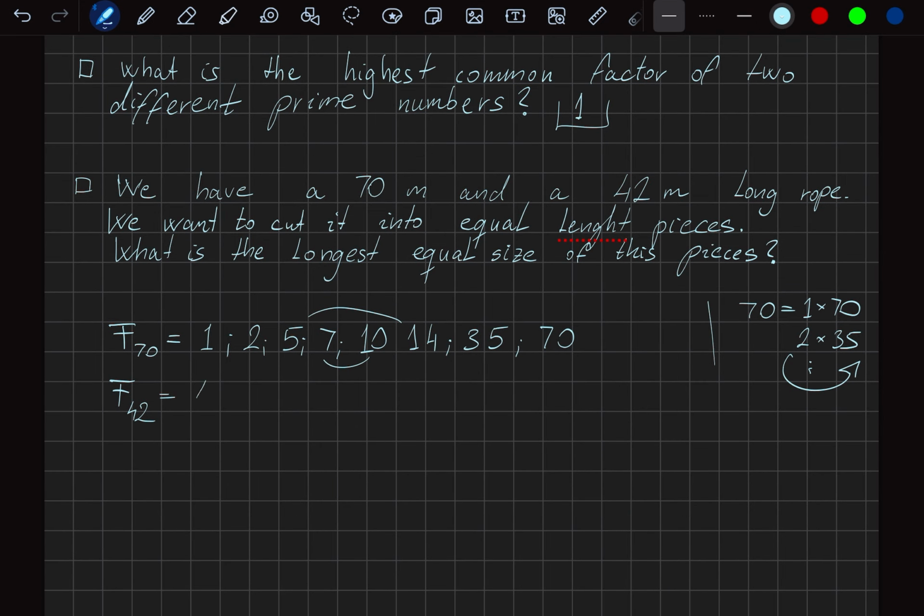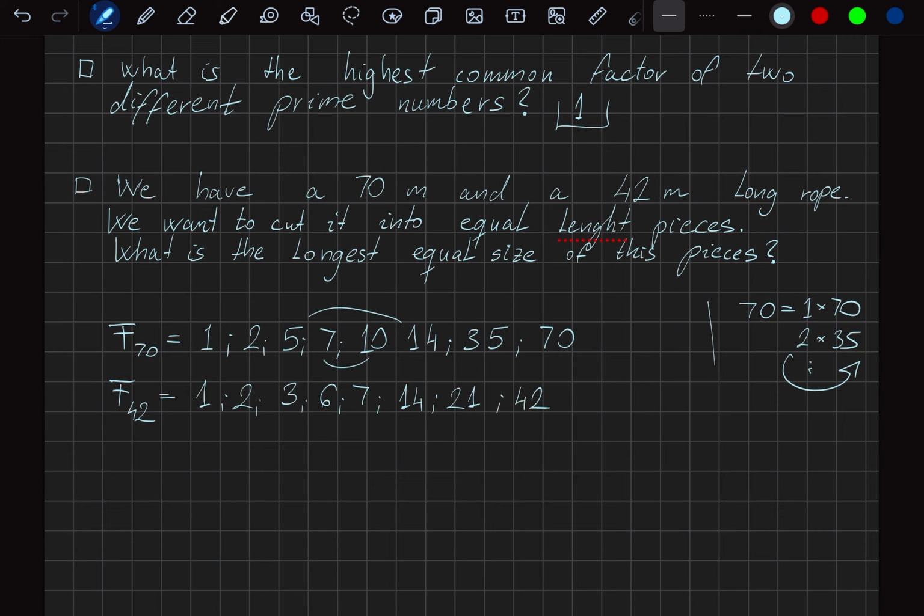Okay, so 42, it's 1, 2, 3, because 4 and 2, if I add them, it's 6. 6 divided by 3 is 2, so I can divide 42 by 3. 4, no, 5, no, 6, and 7. And from here, I will just write the missing numbers. Yes, 21 and 42.